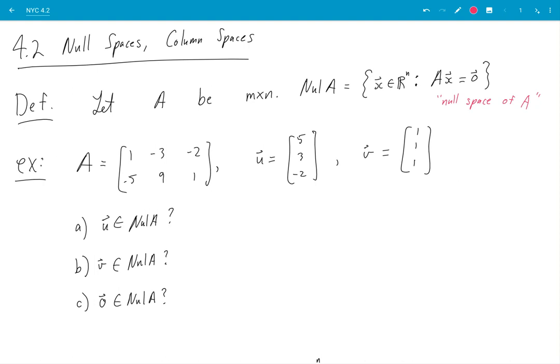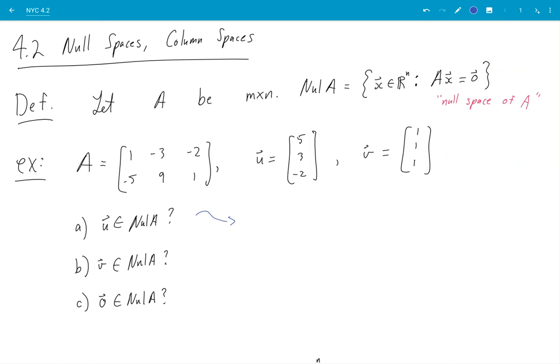So the null space, this is the set of vectors that are, I don't know what you want to say, killed by A. So if A times X is a zero vector, then X is in the null space. If not, then not. So let's do an example to illustrate that.